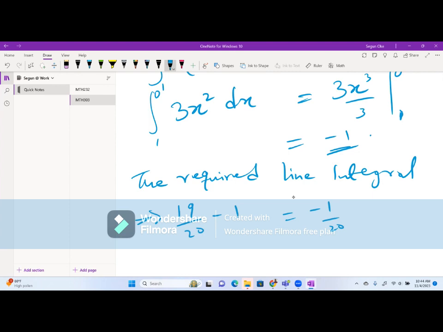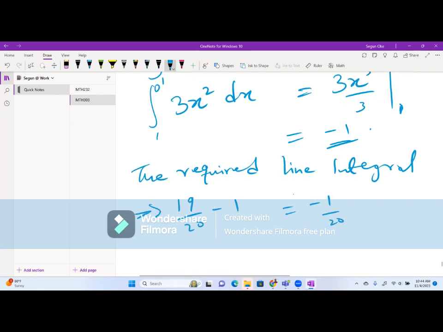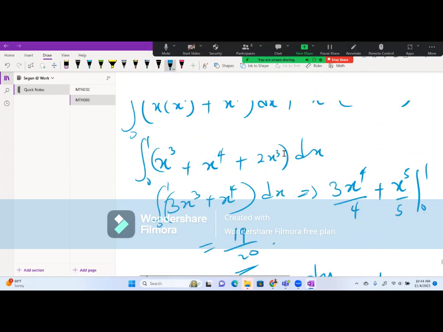Now, we've not solved the problem. We are still working on that. Let's see whether we are going to have the same thing. Because we have to prove that the two of them are equal.